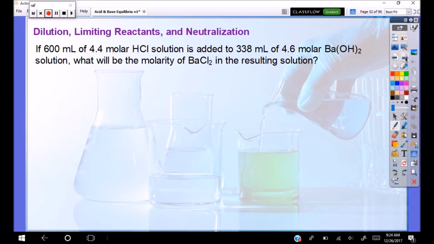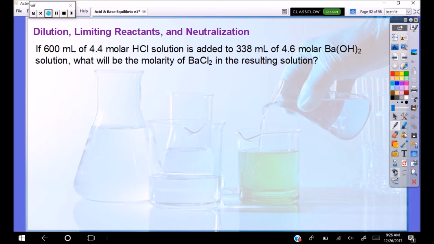So overall, we are diluting our concentrations as we add. So it's important to make sure we're paying attention to those things, because in these kinds of reactions, we will end up having a limiting reactant, and our concentration will be impacted by that dilution.